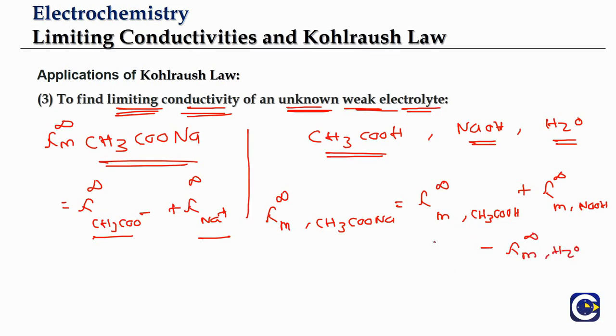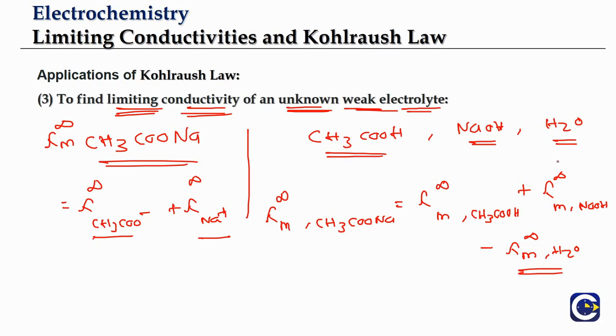You just check how this formula will come, because what is the lambda m infinity of acetic acid? Acetate ions limiting molar conductivity plus H plus ions. What is NaOH? Na plus ions limiting molar conductivity plus OH minus ions. We are subtracting water, because what will be the water limiting molar conductivity?